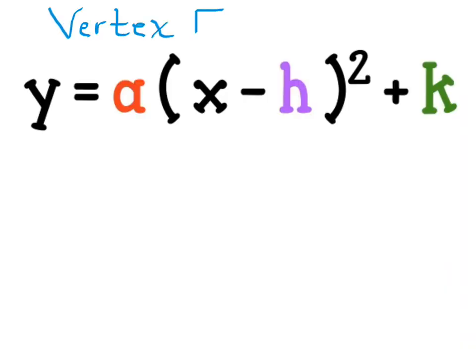So let's start with the vertex form of a parabola. We will be studying this form and another form called standard form. This form allows us to really intuitively look at it and tell where it's moved to. Whereas in standard form, you kind of have to work a little bit harder at it.